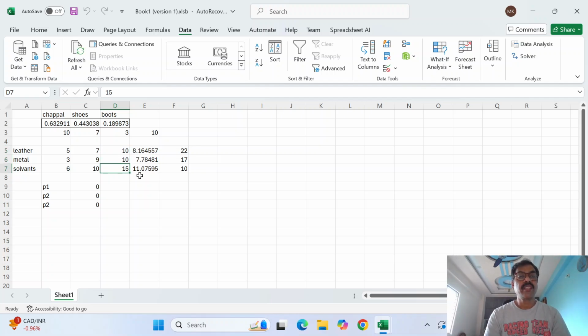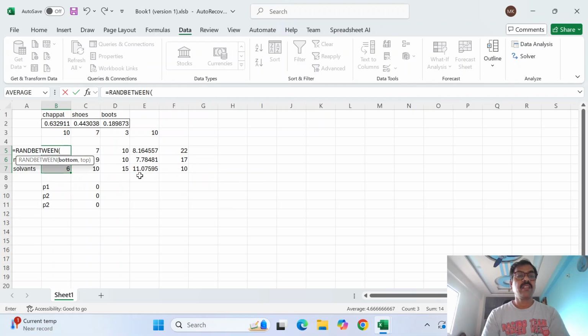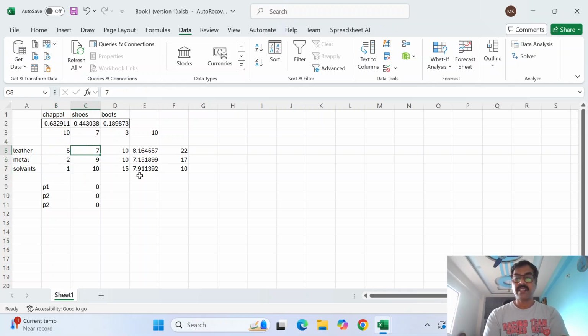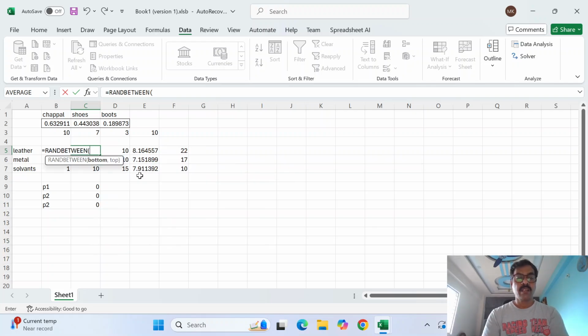let me change this time. Maybe here I use rand between 1 to 5, and here maybe I use rand between 2 to 7.